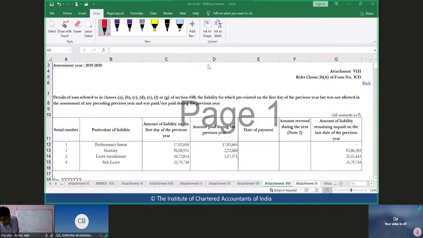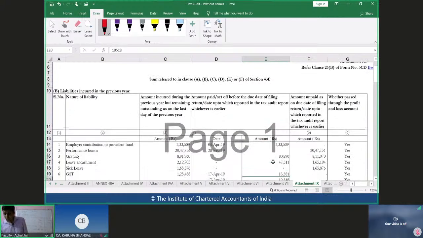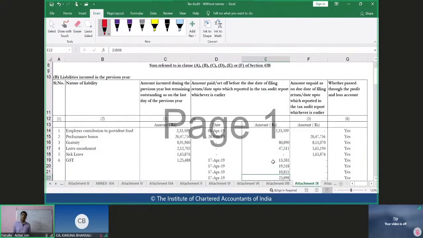in both the clauses. And how will these amounts be traced? For tracing these amounts, all of these payments will have to be verified to the bank statements, because only through the bank statements we may get to know whether these amounts have actually been paid during the year or not, or paid up to the time limits which have been specified over here or not.